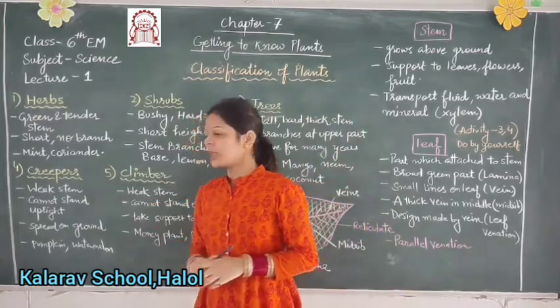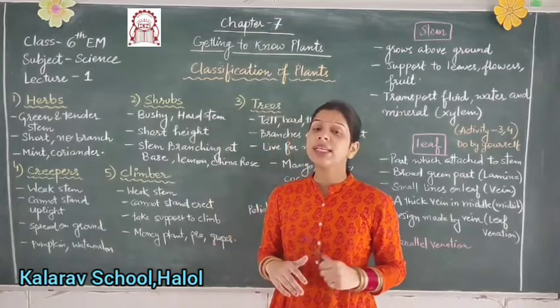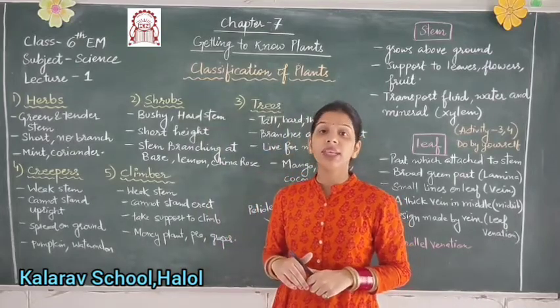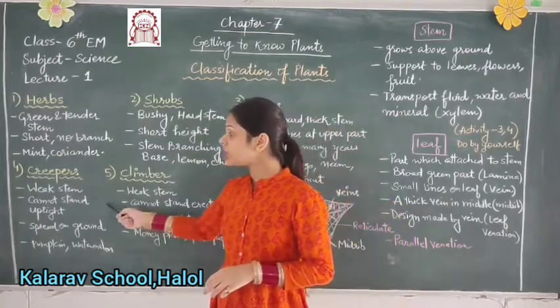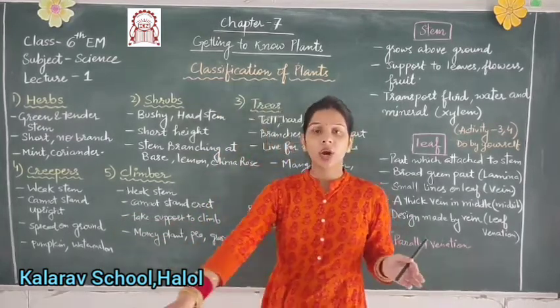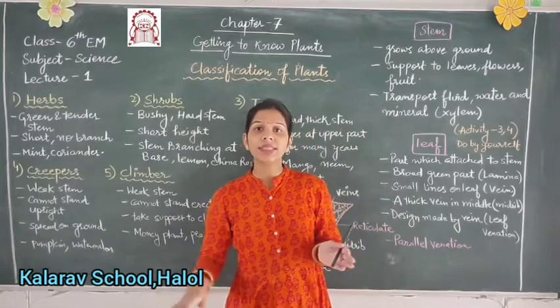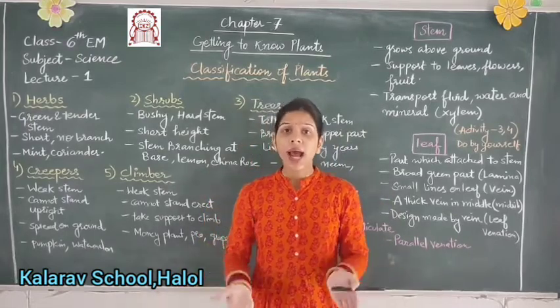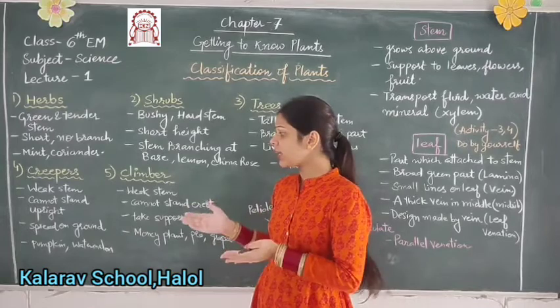Next is creepers. These are plants which have a very weak stem. They cannot stand upright and they spread on the ground. The stems of these plants spread on the ground. They can't stand upright. So these are the creepers.